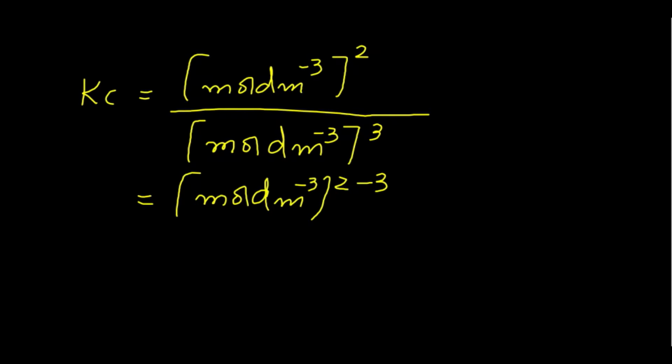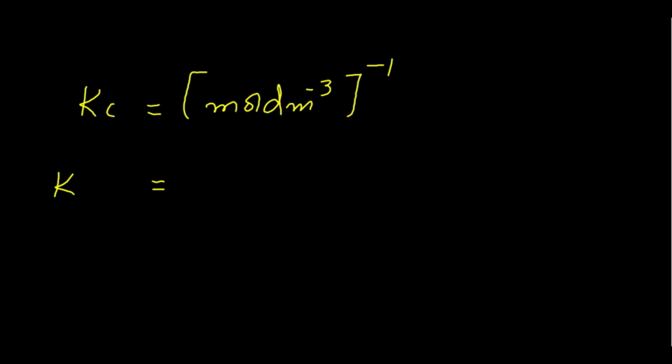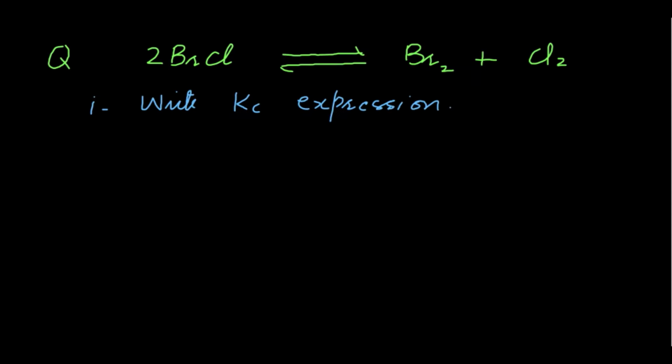Right, students? Or we can write as Kc is equal to mole per cubic decimeter raised to the power minus 1. Now students, we multiply minus 1 with mole, we get mole minus 1 dm cube. This is the unit of Kc for the given reaction. I hope this reaction is clear to you, students.